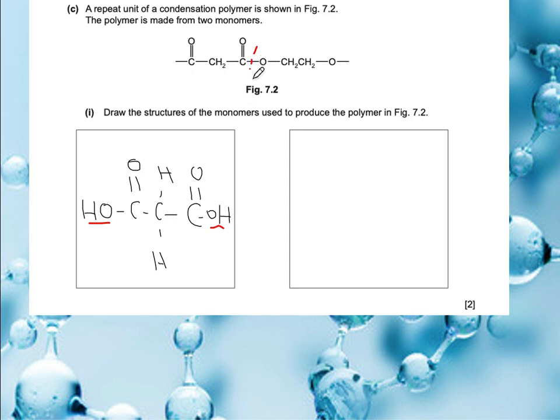Then the second is a diol, we add just H here and H there. So the second monomer, we take the O and draw the H, CH2 bond, CH2OH.